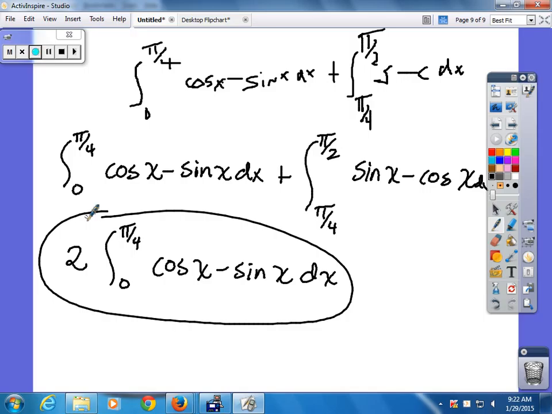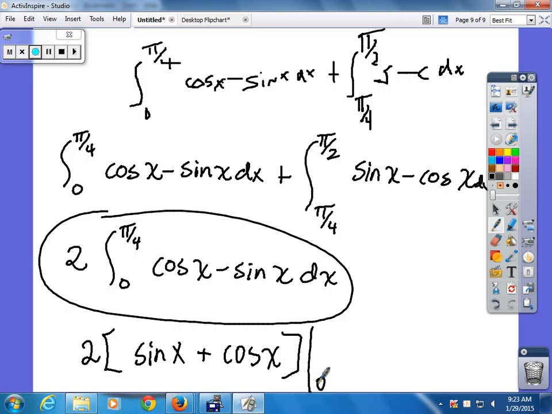And the antiderivative of sine is negative cosine. But the negative cosine is going to be positive because of the negative. So when you do this, you're going to get 2 brackets, sine of x plus cosine of x, evaluated at 0 and pi/4.